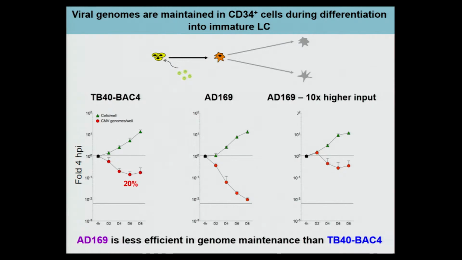Then you have a stabilization of the number of genomes at around 20 to 36% of the initial input. What this tells us is that both viruses are able to maintain their genomes in those cells while they are differentiating, but AG169 is less efficient than TB40BAC4.